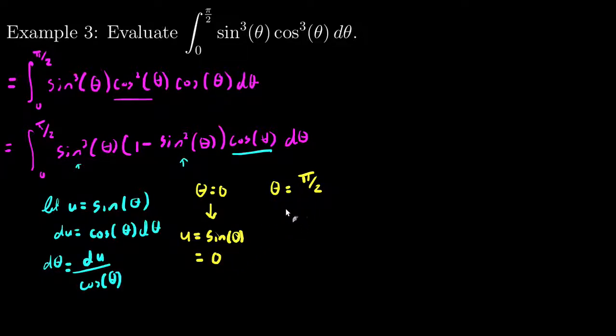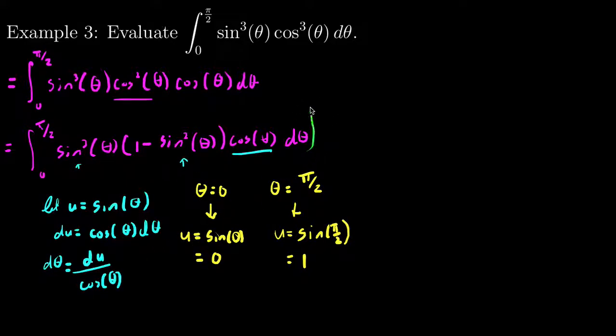When theta equals pi over 2, if I'm trying to change this all into u's, then u will equal the sine of that theta value, sine of pi over 2. And the sine of pi over 2 is 1. So if I want to rewrite this and never come back to sines or cosines, just deal with the u's, which is probably going to be easiest, then I need to change the limits as well.